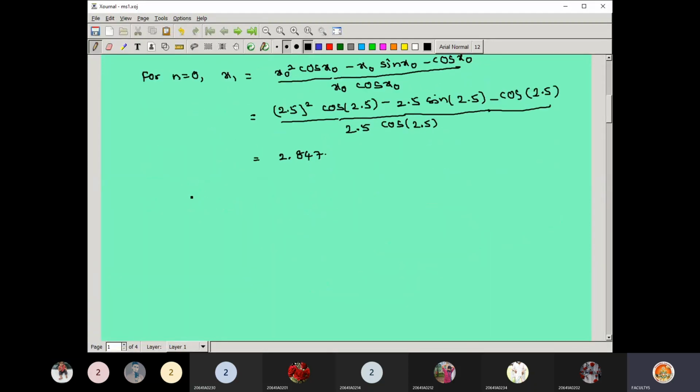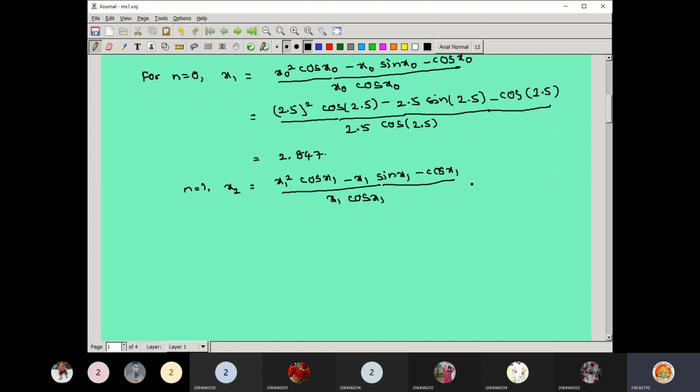Same way, you substitute n equal to 1. In order to stop the process, you should think about the successive values of the approximate roots. So I directly substitute x1 square cos of x1 minus x1 sin of x1 minus cos of x1, divided by x1 cos of x1 value.